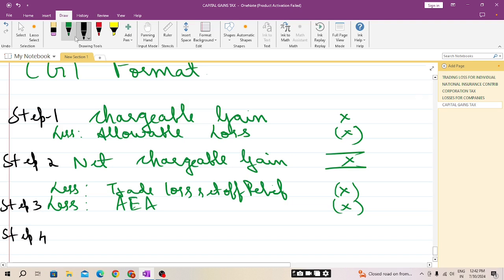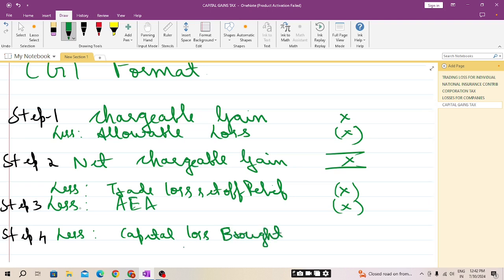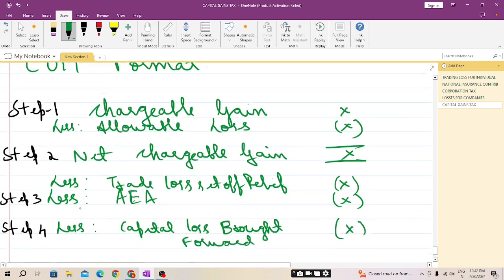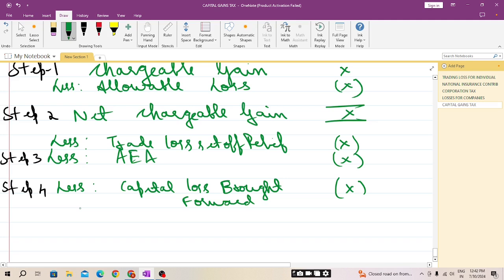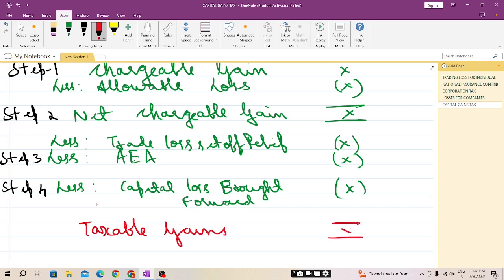Step number 4, students: less capital loss brought forward. So this will give rise to the taxable gains.